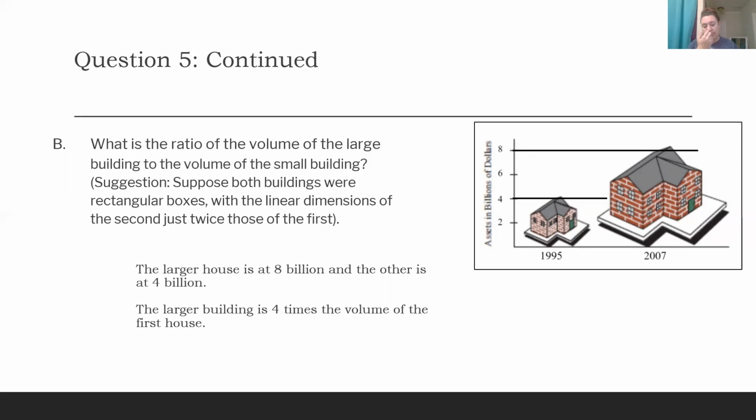The larger house is pretty much 4 times the volume of the first house, because it is 4 times bigger. Like this, it goes 1, 2, 3, and 4, and then you go 1, 2, 3, and 4. So the 2007 assets is 4 times bigger than the 1995.